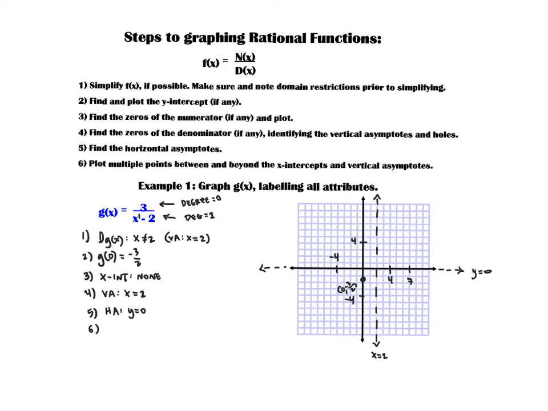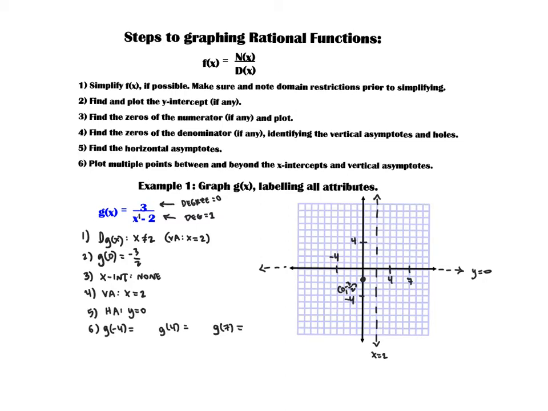Okay, so let's find the values for g of -4 and g of 4 and g of 7. And that'll allow us, you guys, to see the shape of this graph.